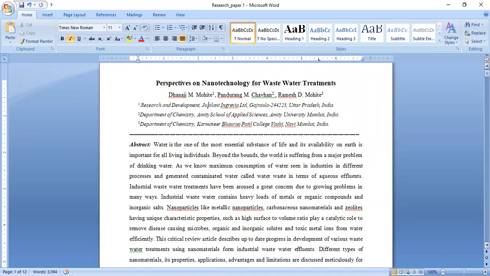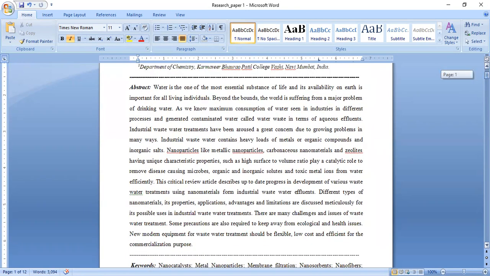So in this article it is clearly described the synthesis of the effective catalyst, that is nano composite photo nano catalyst, titanium oxide with zeolite ZSM5 in different compositions, that is 20, 40, 60 and 80%, and it is effective for the degradation of the phenolic derivative present in the aqueous waste in presence of UV radiation.